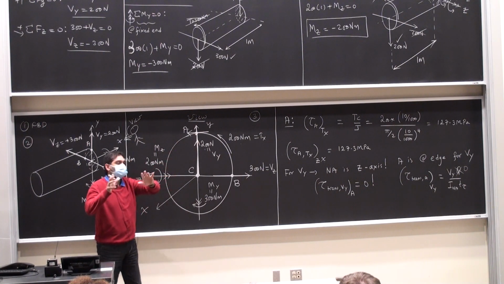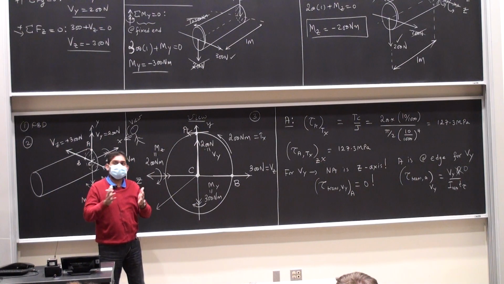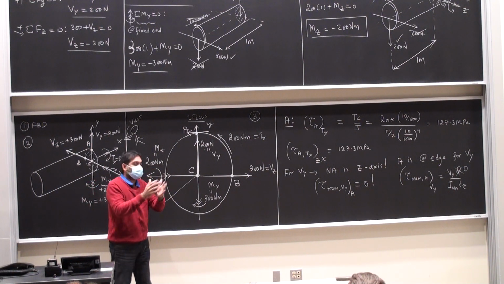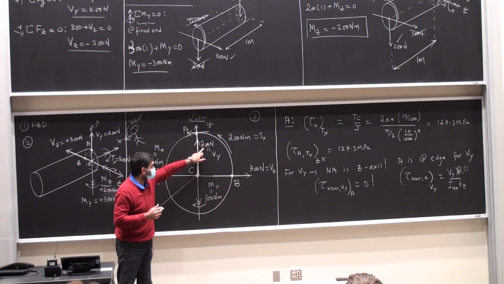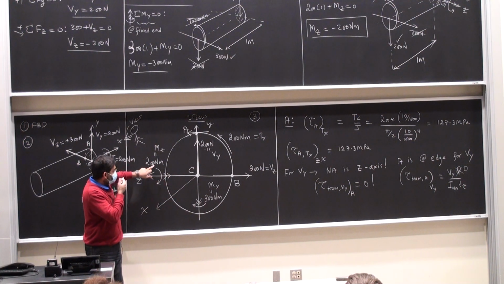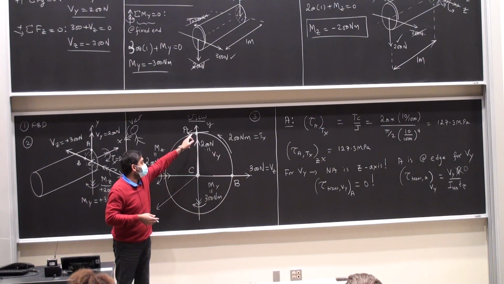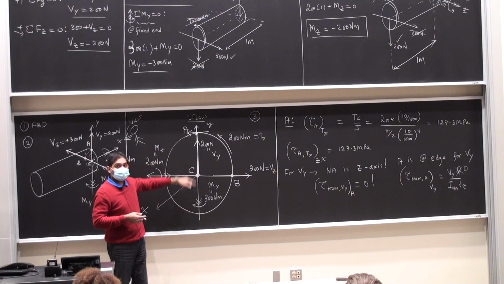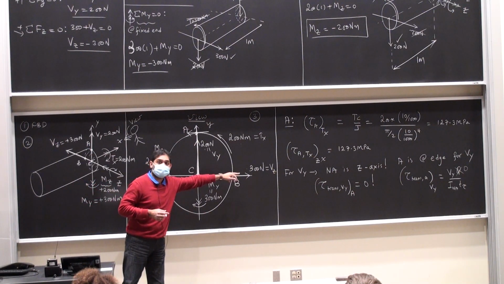So since we are doing linear elastic materials, we can use linear superposition. That is, I look at the effect of the torque, that causes a shear stress. I look at the effect of this force here, that causes nothing. I look at the effect of this force here. For this force, the point A is in the neutral axis, which means that the maximum shear stress is going to be there, due to that particular force.